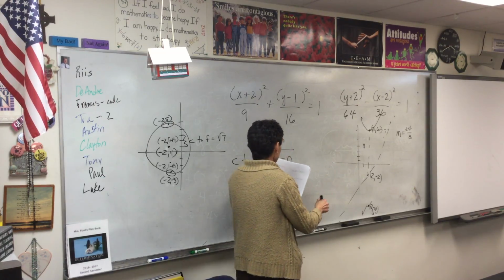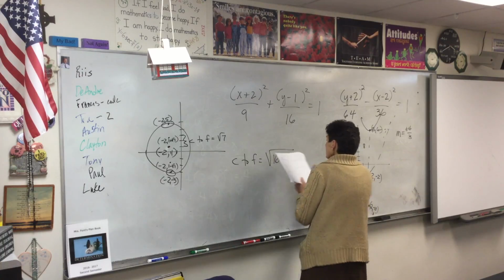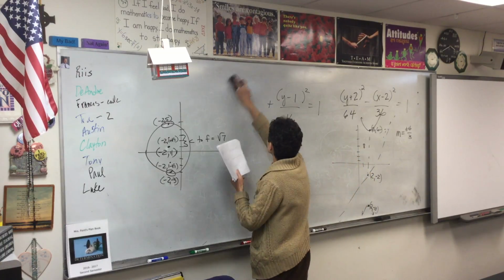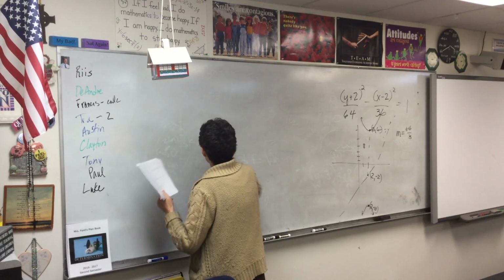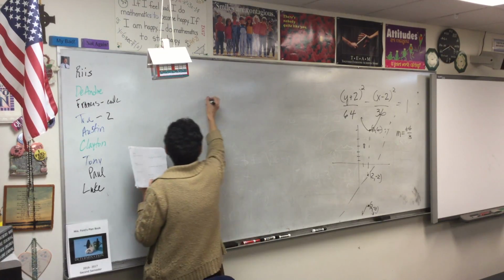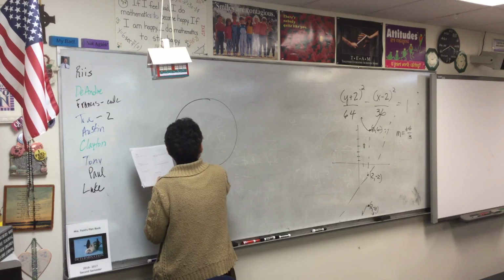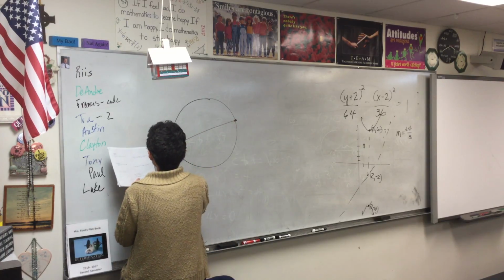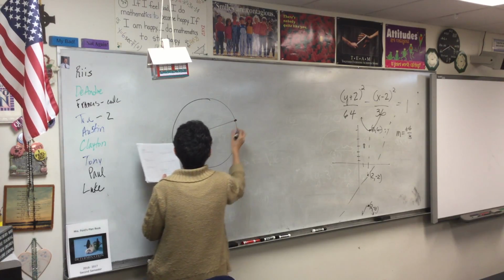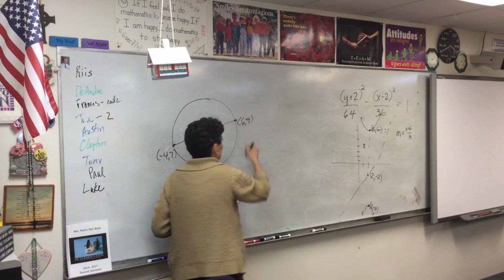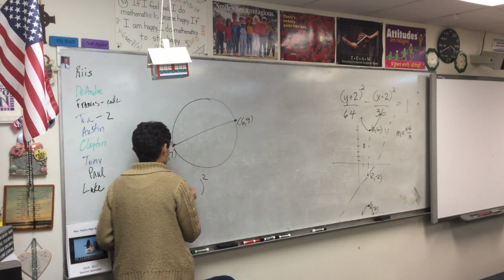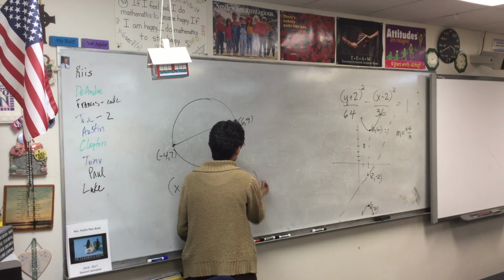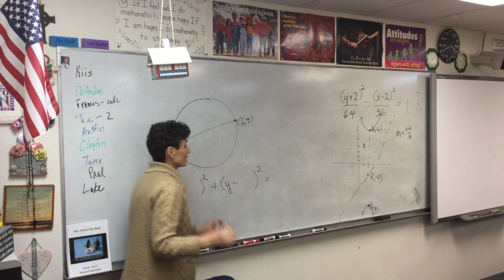And then finally, we have one more. Write the equation of a circle whose diameter has endpoints at -4, 7, and 6, 9. Now, boys and girls, this is not a tricky problem.